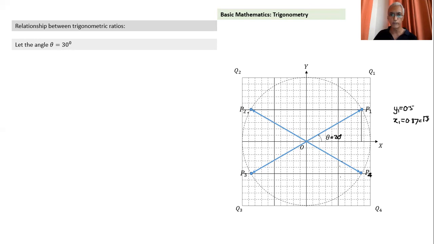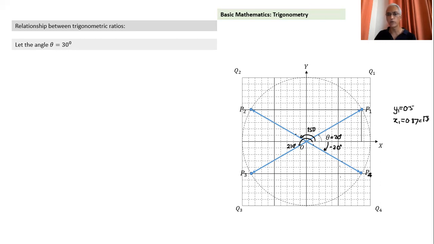So P2 will be 150 degrees. For P3, if you measure the angle from here, it is 30 plus 180, so it will be 210 degrees. And this angle will be minus 30 degrees.